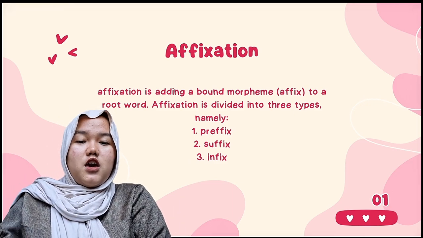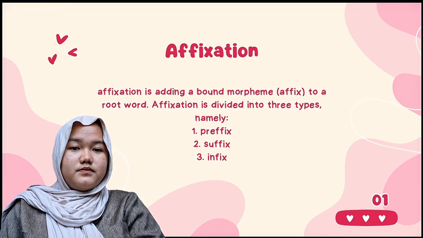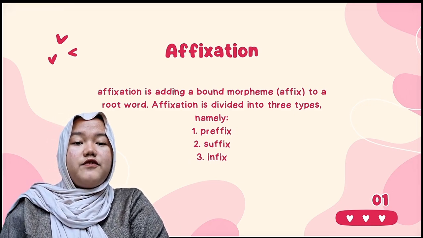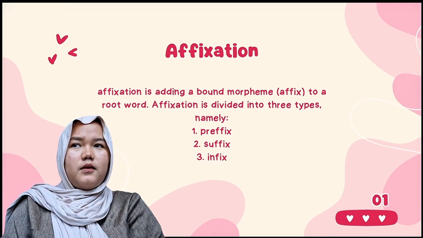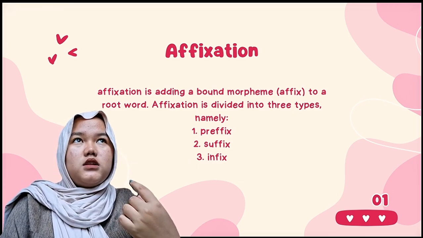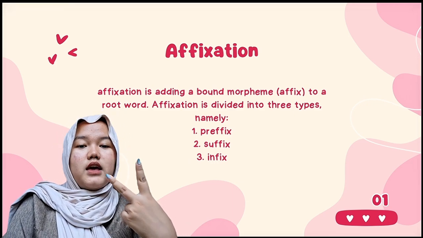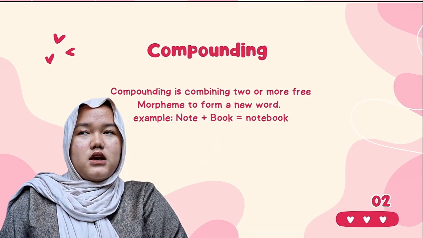Affixation. Affixation is adding a bound morpheme to a root word. Affixation is divided into three types, namely, number one is prefix, number two is suffix, and number three is infix.